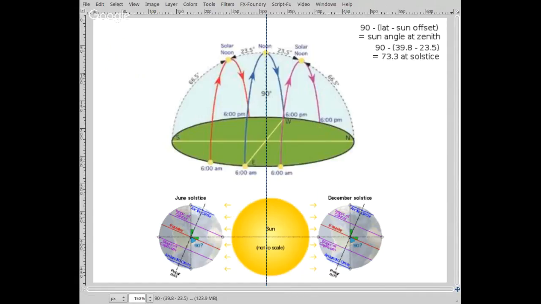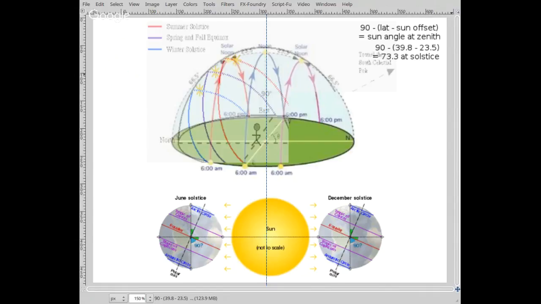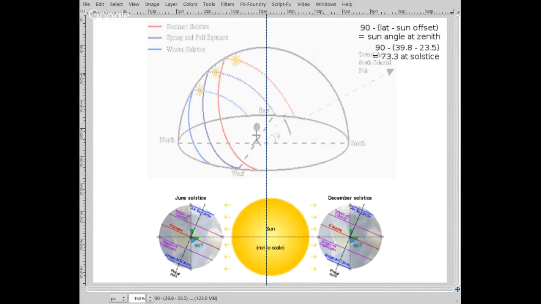Let me get rid of that one, put the other one. I have opacity changed here so I could overlay them all, but there's one, like here's the north and south. They had the red as the summer solstice in the north, that this is the path of the sun. This is from a person's perspective in the south looking at the summer solstice.